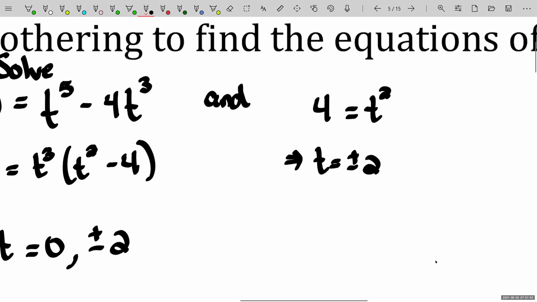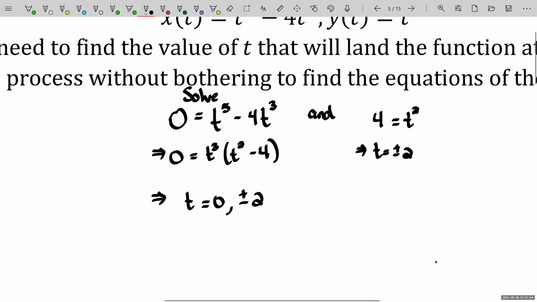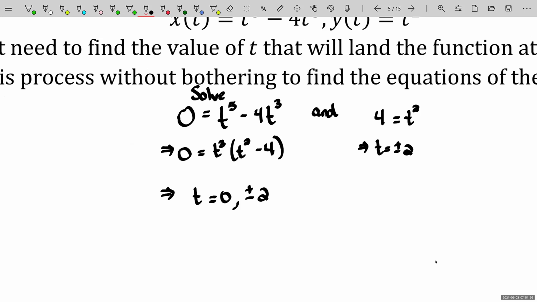What does that mean? It means that our y value is going to be a height of 4 at time 2 and negative 2. Our x value will be 0 at time 2 and negative 2 as well, but also at time 0. But at time 0, our y value is not 4.